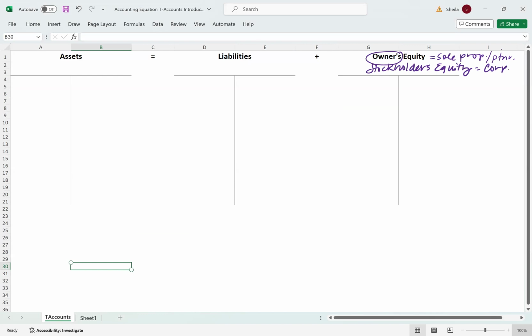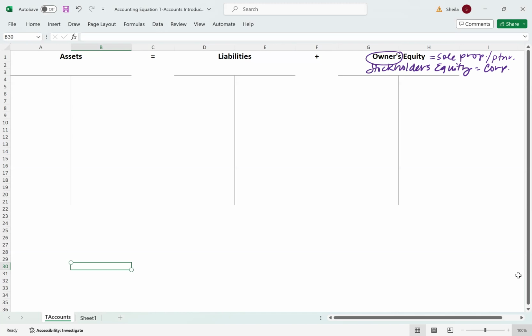And this is important because if we have a corporation, we actually have two components in this equity section. Those two components are going to be common stock and retained earnings. That's going to be important for you to be aware of as we move forward. So just a couple of quick little notes about that.